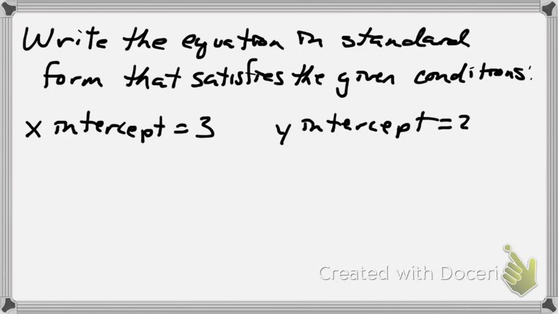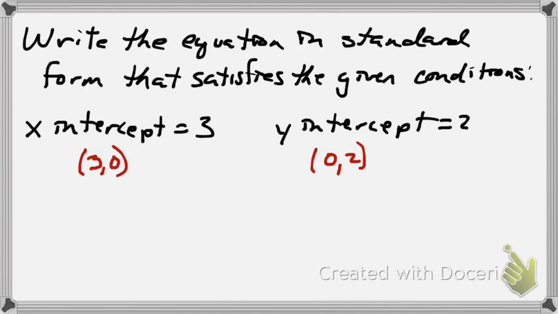But if you think about it for just a second, you will realize that the x-intercept being 3 means that the line goes through the point (3, 0). And the y-intercept being 2 means that the line goes through the point (0, 2).